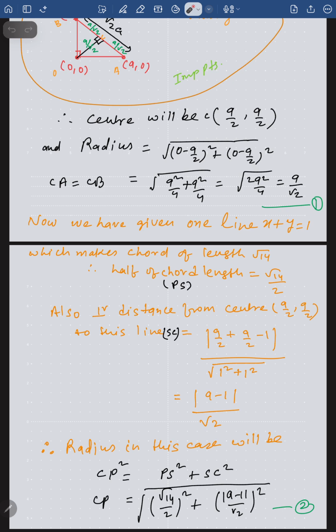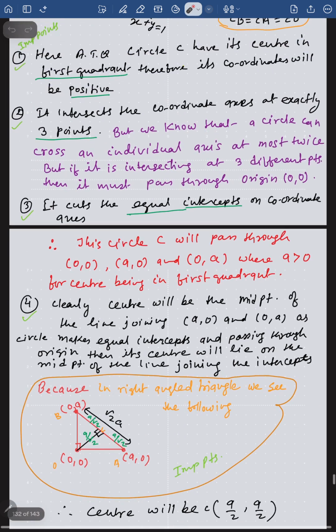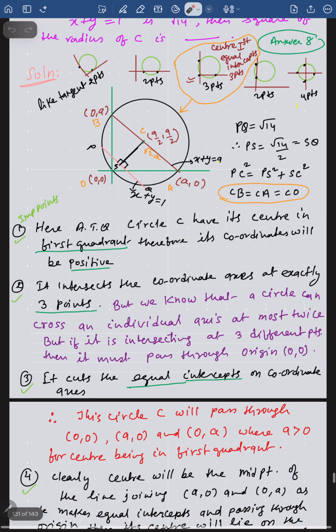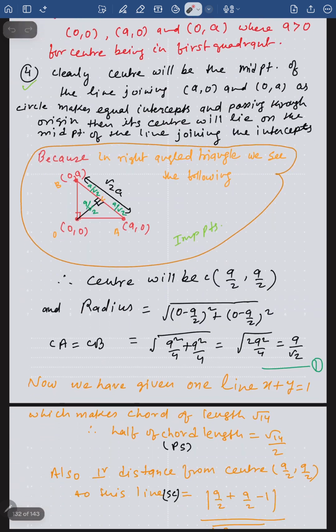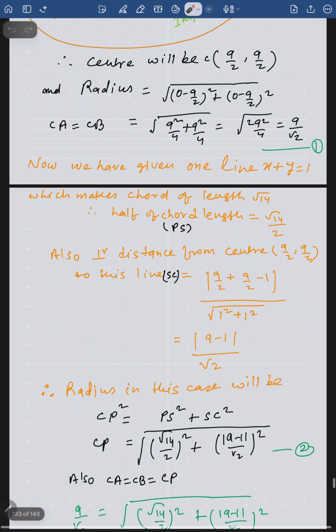We find SC by the perpendicular distance formula, and since we know PS and SC, we can find PC, which will be the radius, and we will equate it with the previously found radius.